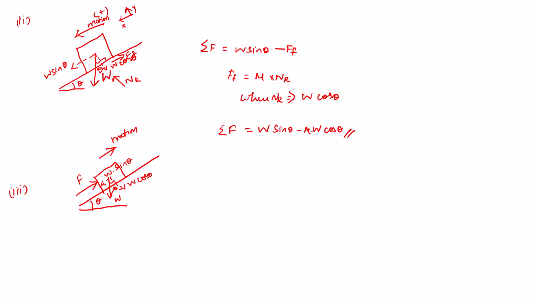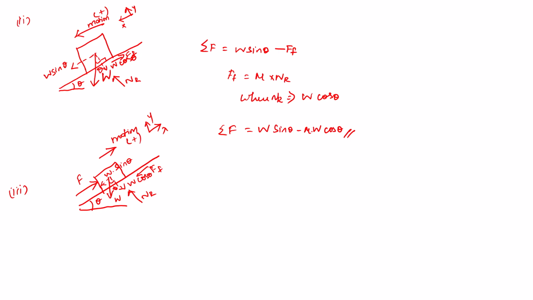The opposite effect of this will be NR, and since the motion is in this direction, you'll get the friction force opposite to this. Now since the motion is in this direction, you will have X in this direction and Y in this direction, so motion is always considered positive.